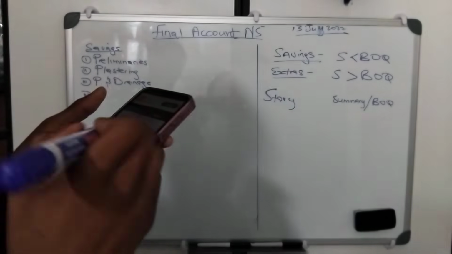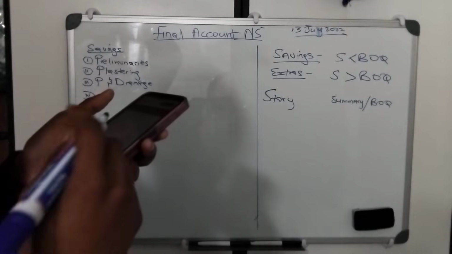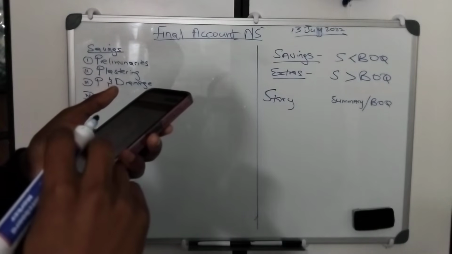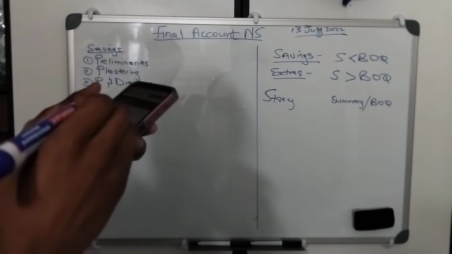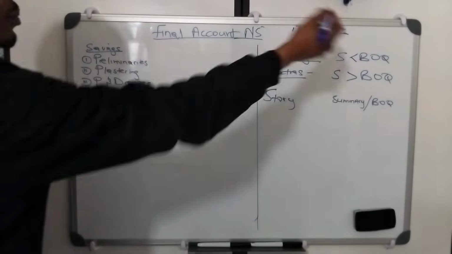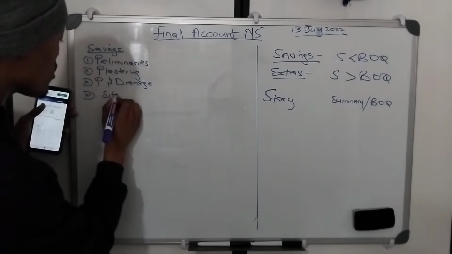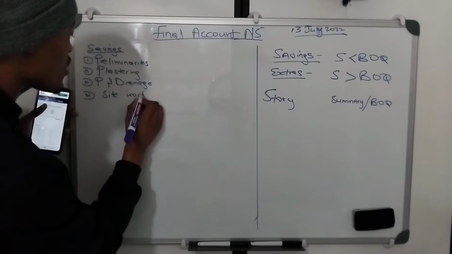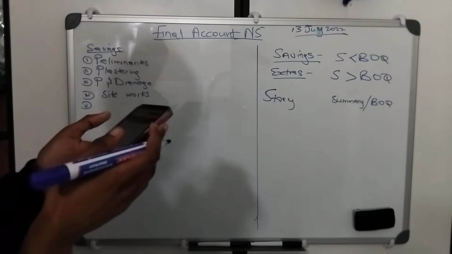Site works we have 130,456 on the story, and on the BOQ we have 132,435. It's bigger on the BOQ and smaller on the story, so it goes on the savings. Site works. Fifth one, let's see if it's going to be under savings.